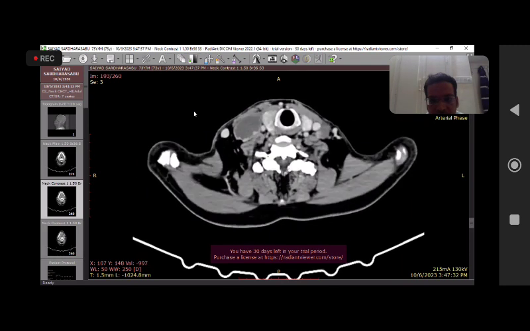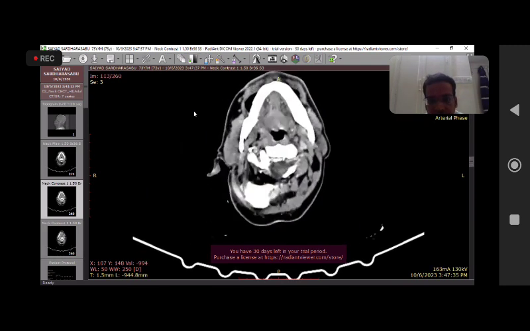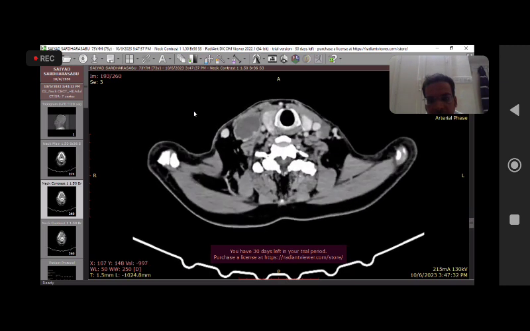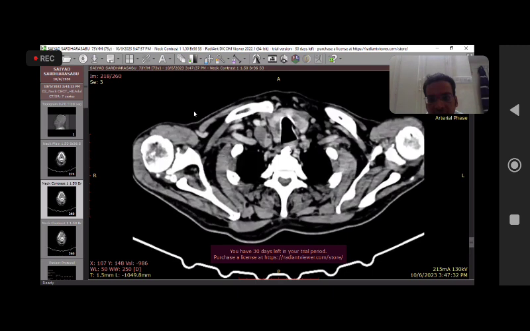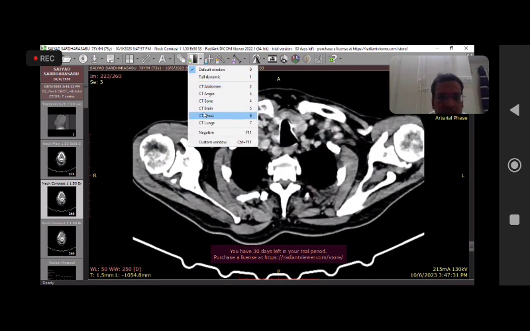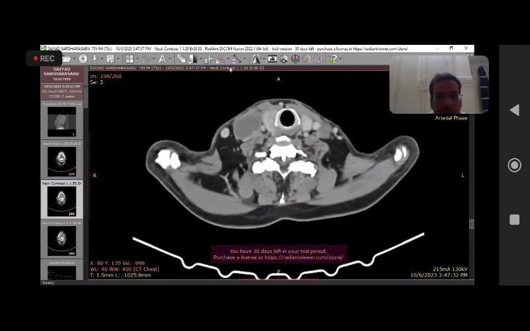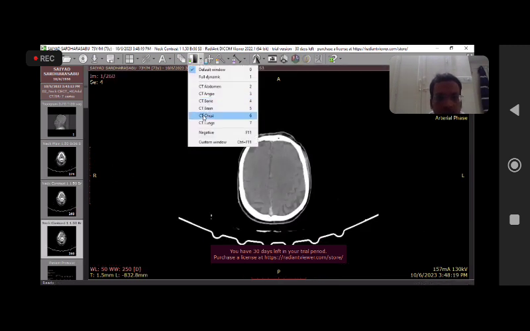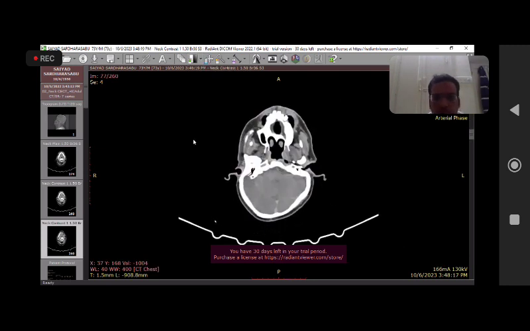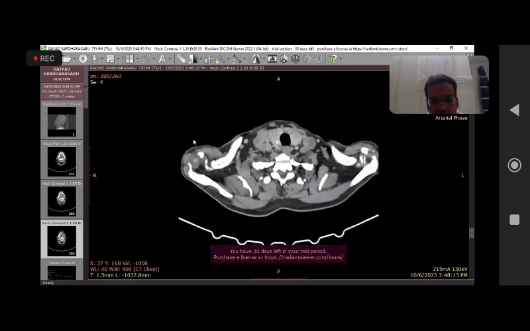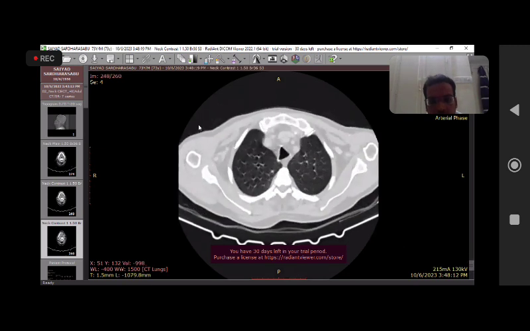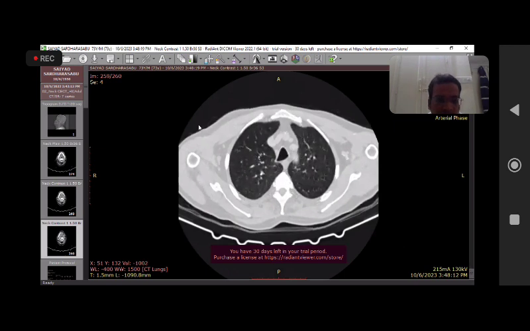So going to the left side, again I'm finding a lymph node at the 3, 4 junction going down into level 4. And we have advised CT chest.